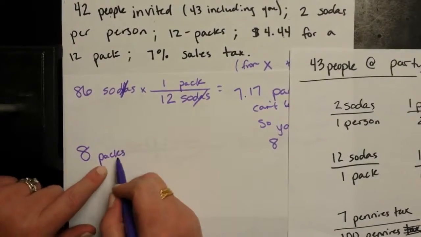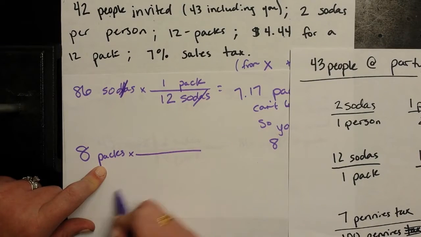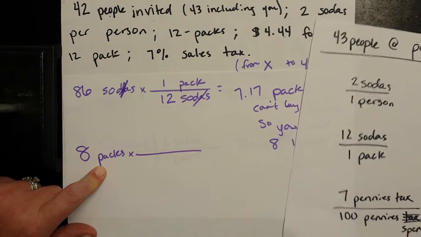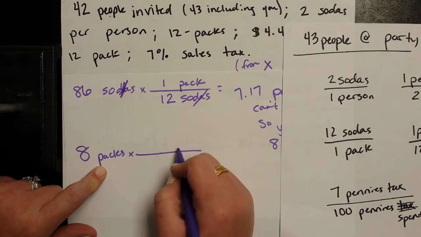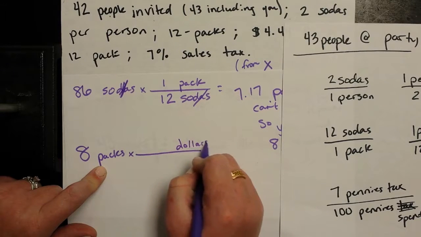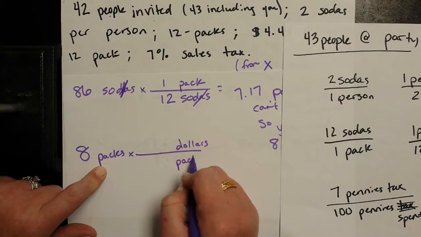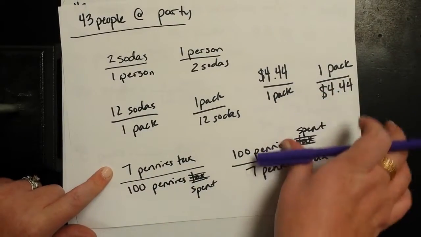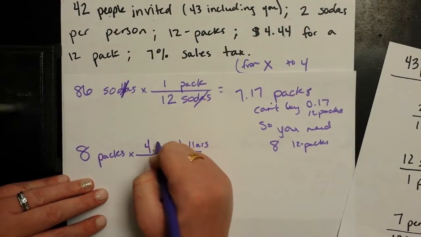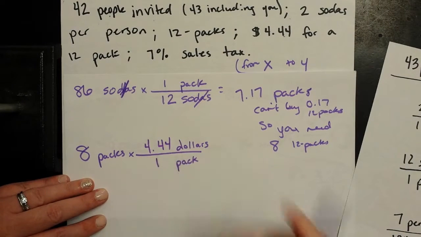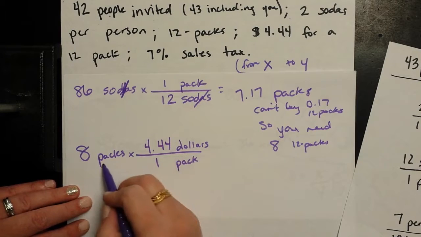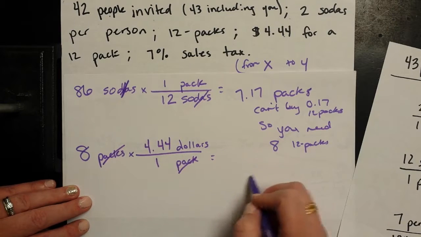So since I've got packs on top, that means I want to get into money. So I'm going to write dollars on top and packs on the bottom. And we know that there's $4.44 spent on 1 pack of soda. So here my packs cancel and I'm left in dollars.